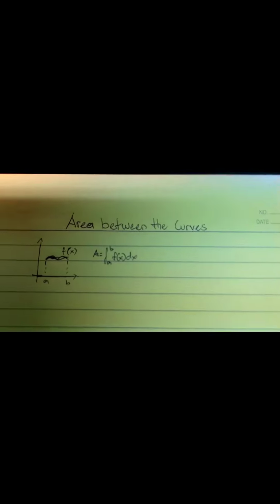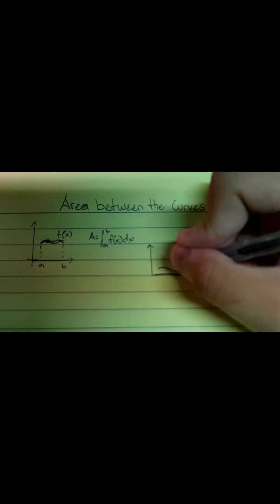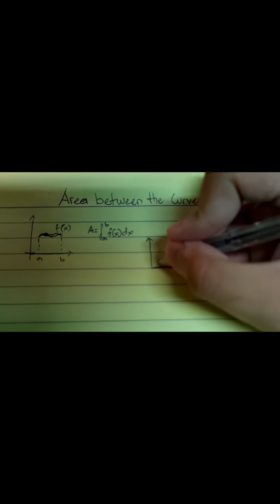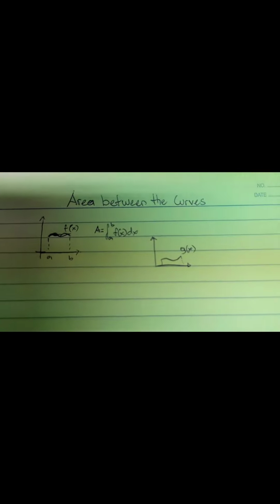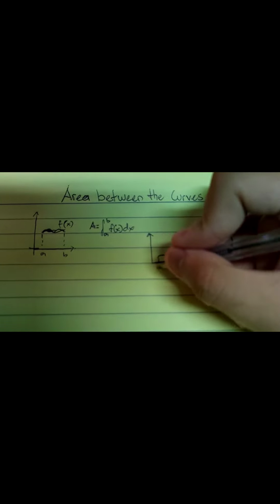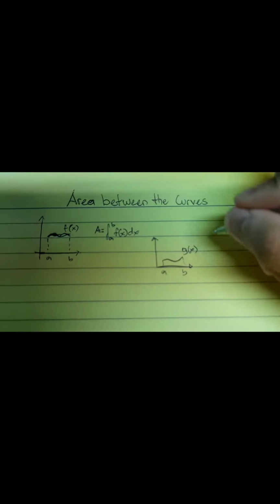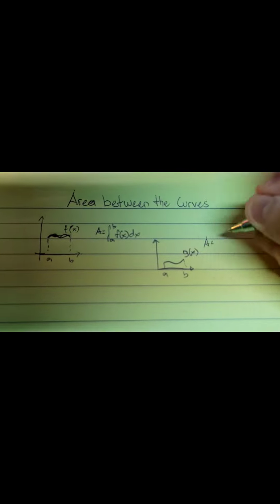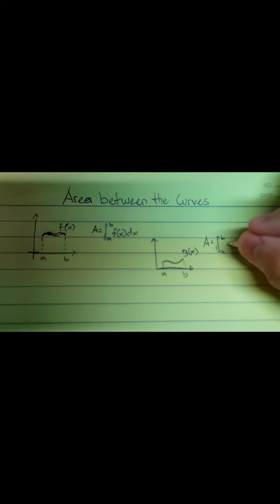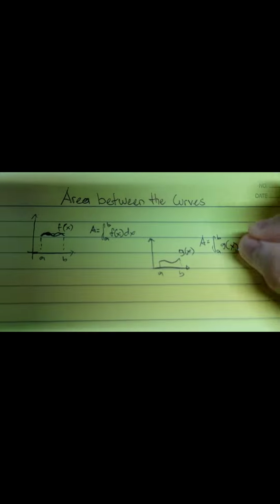Next, let's have another function here. Let's call this g of x, and we're also going to find the area under the curve from a to b. The area formula for this is the same: the integral from a to b of g of x dx.